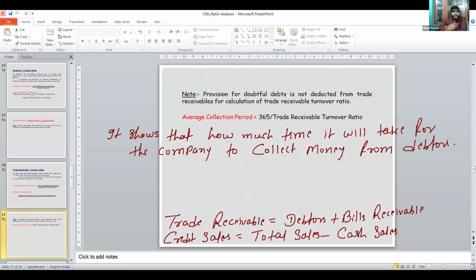Please write this. In average collection period, you should write the meaning first and then the formula. The formula is 365 divided by trade receivable turnover ratio.